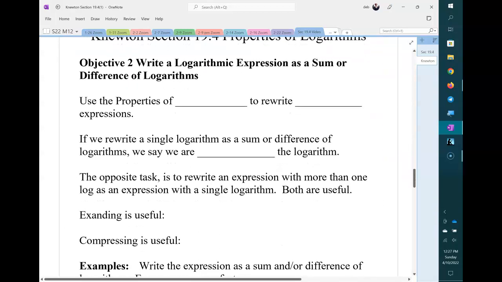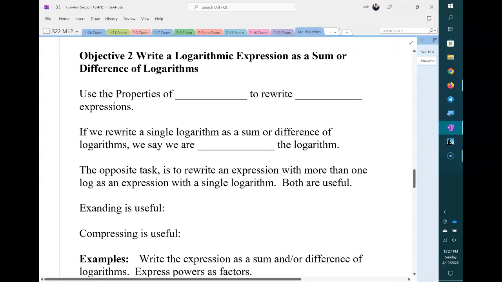Okay, so objective 2 is to write a logarithmic expression as a sum or difference of logarithms. So we're going to use the properties of logarithms to rewrite logarithmic expressions. Notice that we're talking about expressions, not equations. The only things you can do with expressions are add them, subtract them, multiply them, divide them, simplify them, or compose them.